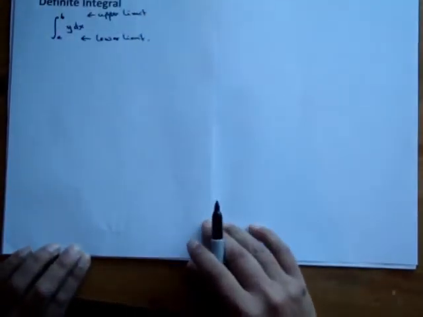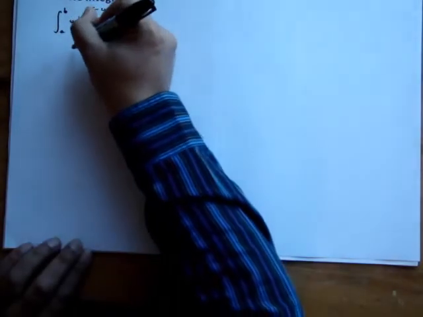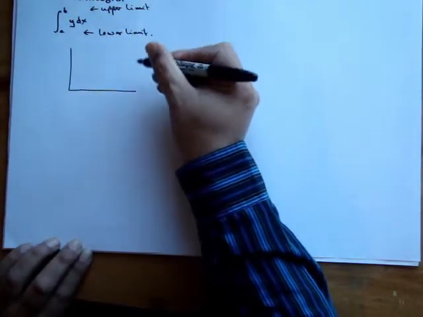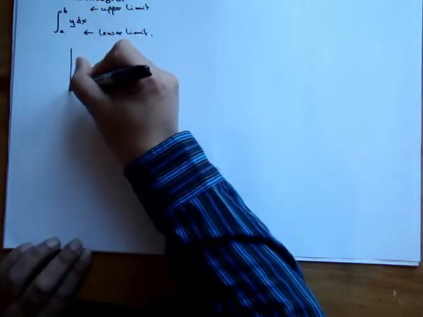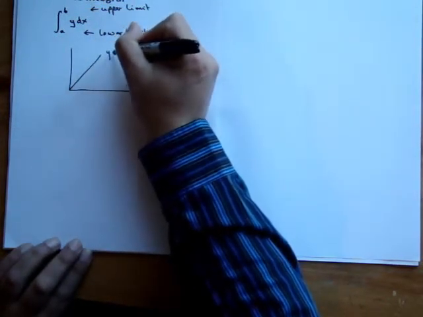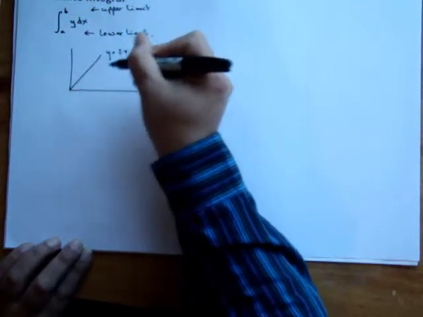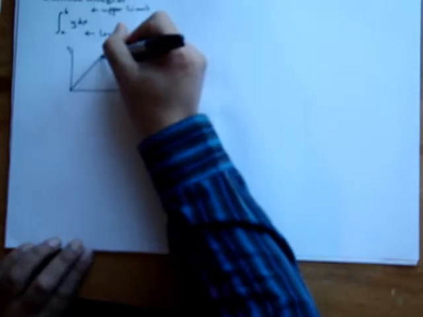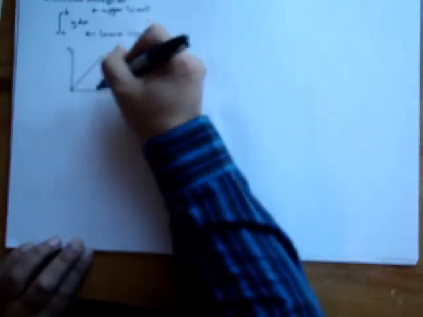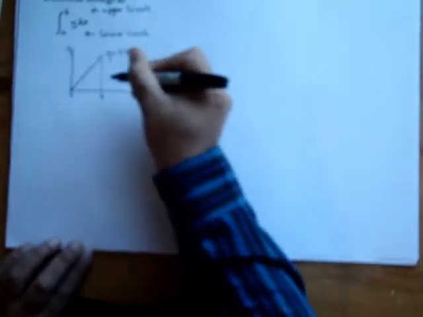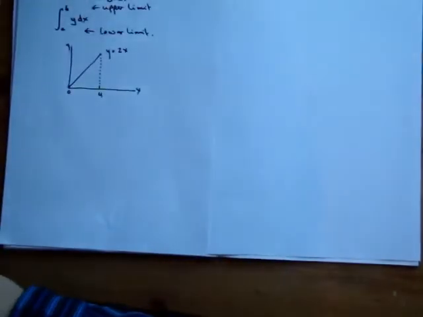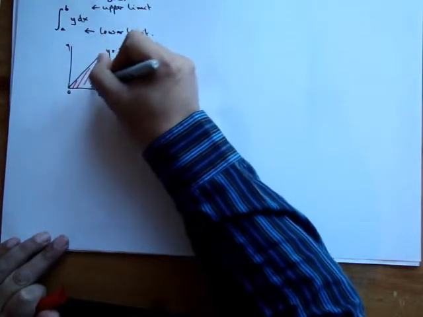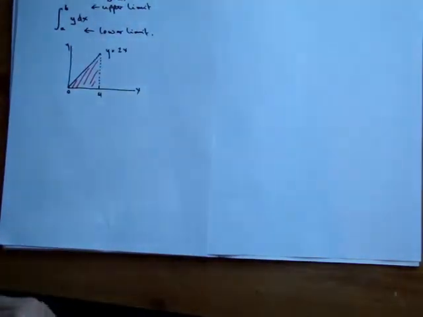So let's do an application. If we had y equals 2x between the limits 0 and 4, and we wanted to work out this area here, how would we do that?